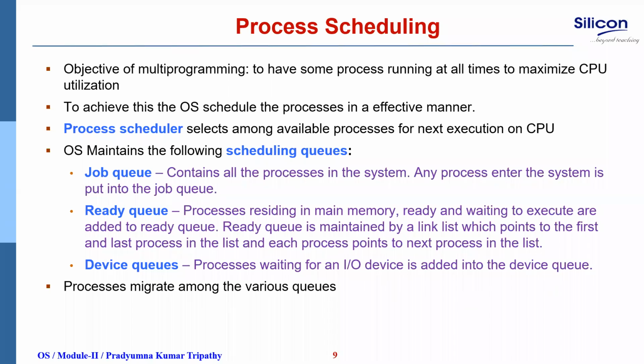Okay, there is a query: what is the difference between process scheduling and job scheduling? I have already given in one slide that processes are also known as jobs. We use them interchangeably over here, so it is the same. Either you write job scheduling or process scheduling, right?